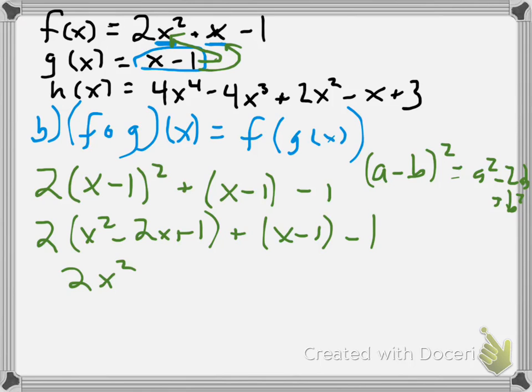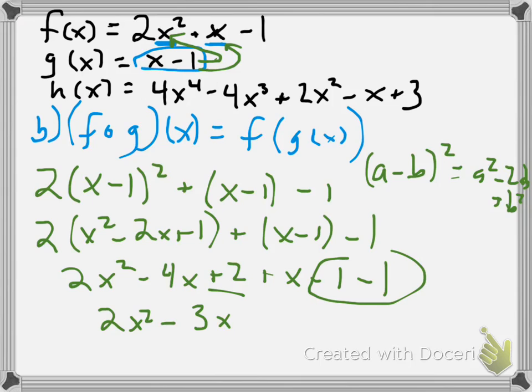I got 2x squared minus 4x plus 2 plus x minus 1 minus 1. Combine like terms, and I got 2x squared minus 3x, let's see, plus 2 minus 2, so that's it. The plus 2 and the minus 2 cancel each other out.